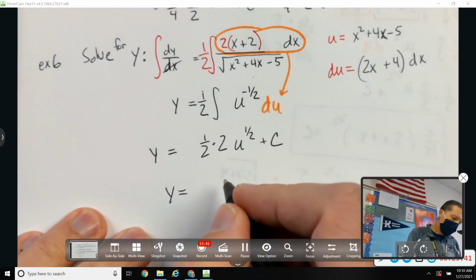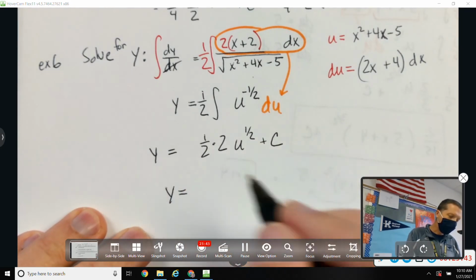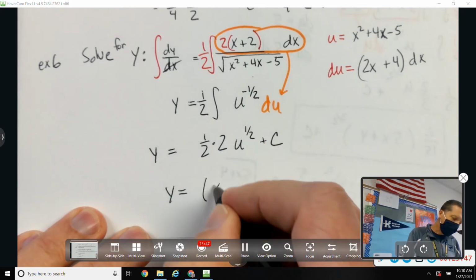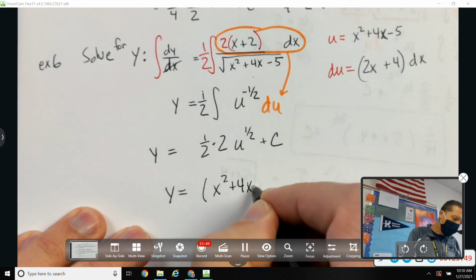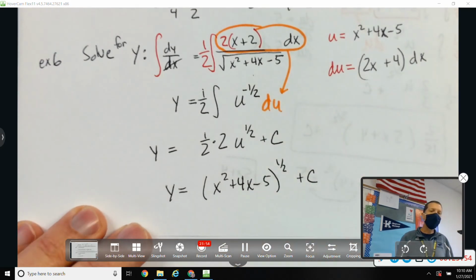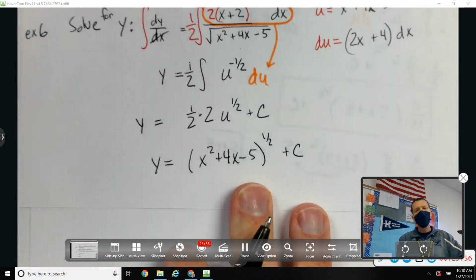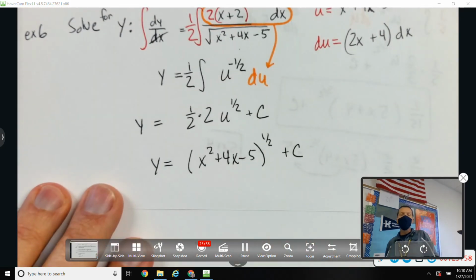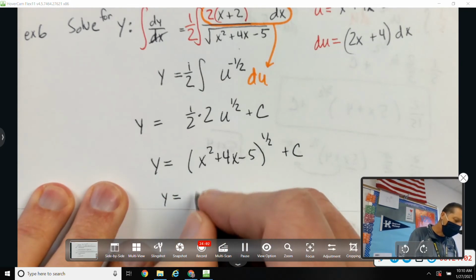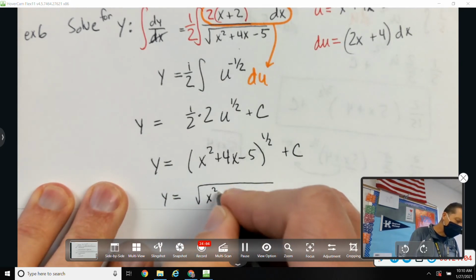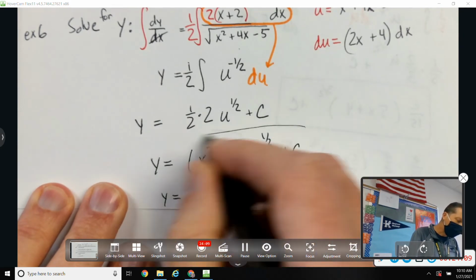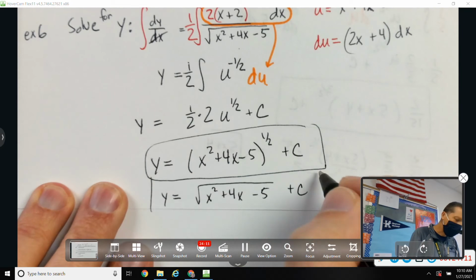I'm all in favor of safe stops, but I'm going to go ahead and do 1/2 times 2. And it's u to the 1/2, so (x squared plus 4x minus 5) to the 1/2 plus c. If you're checking Calc Chat, it's a book assignment today, they're probably going to rewrite that as a square root, but I think you've seen enough 1/2s and square roots to be okay with either one of those.